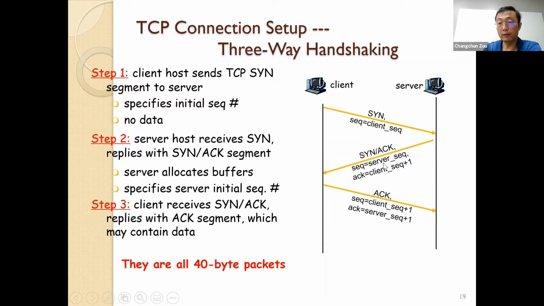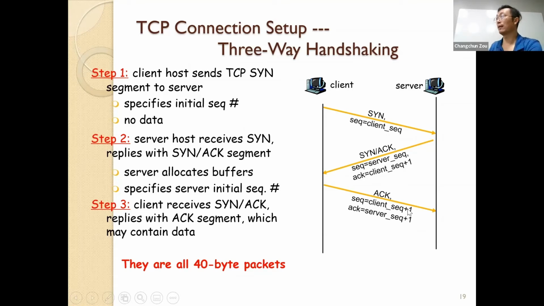When the client receives this SYNACK, the client sends another ACK packet. This packet has the ACK bit set to 1. All the other bits are 0. The sequence number is the client sequence number +1, and the acknowledge number is the server sequence number +1.